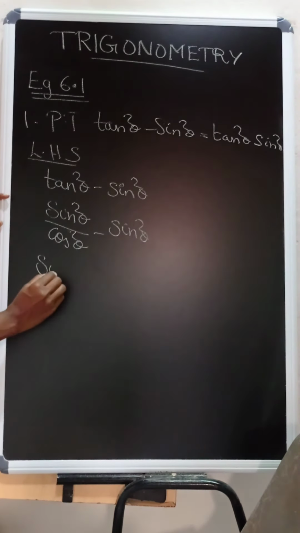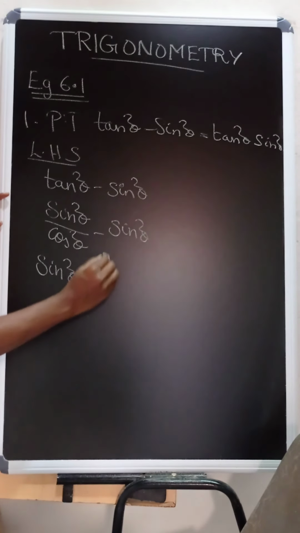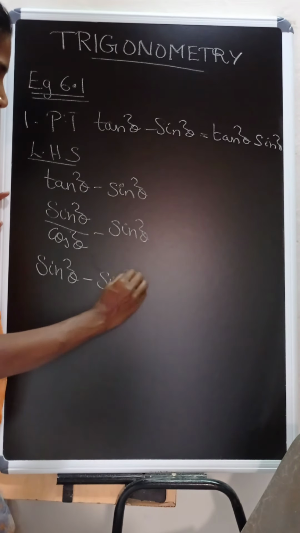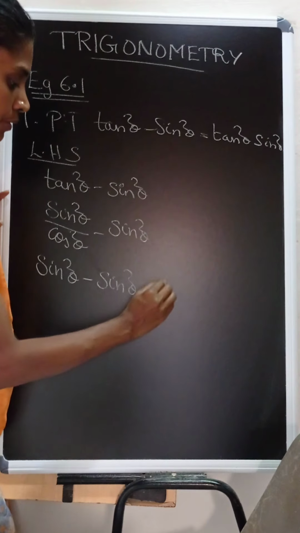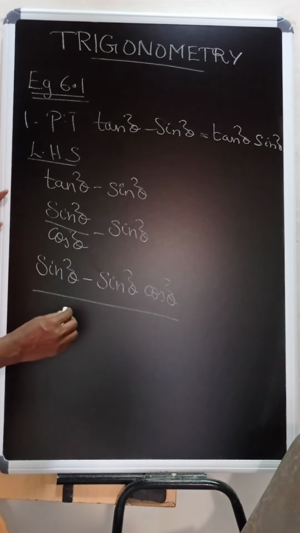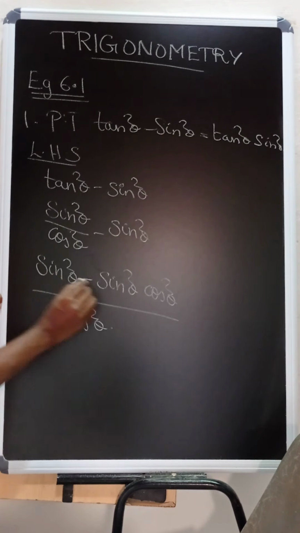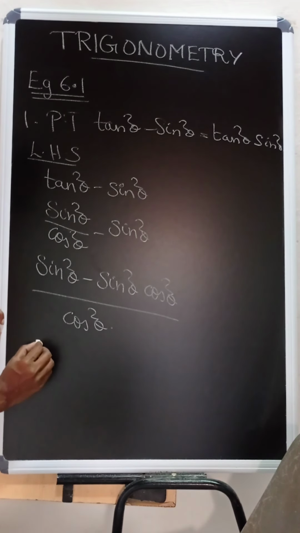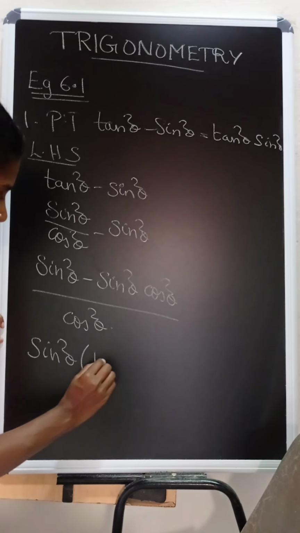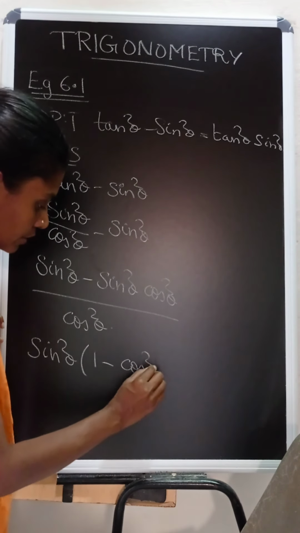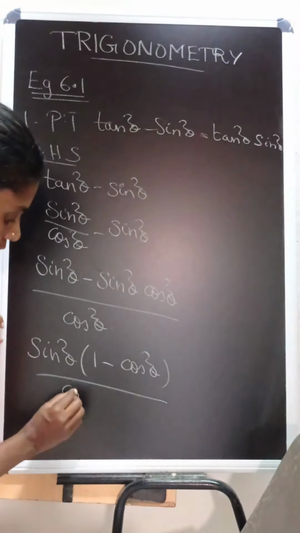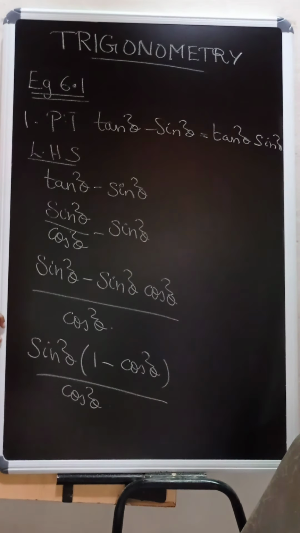So now take LCM. Sin square theta minus sin square theta cos square theta divided by cos square theta. Now from these two terms take sin square theta common. 1 minus cos square theta divided by cos square theta.